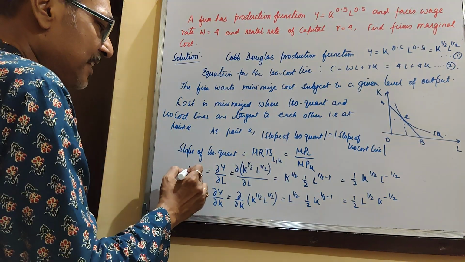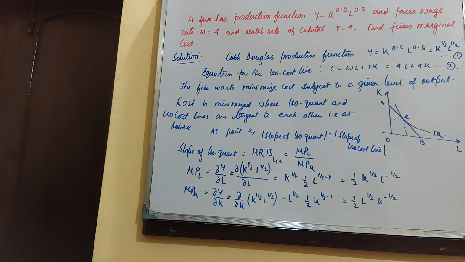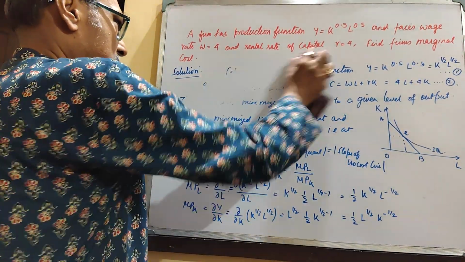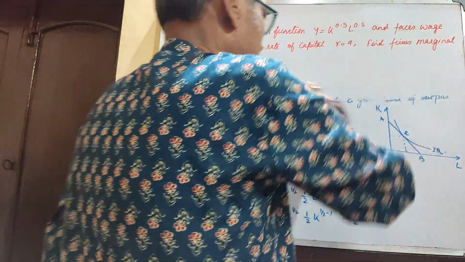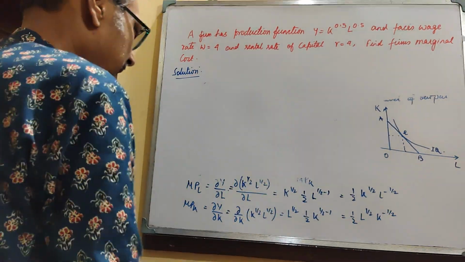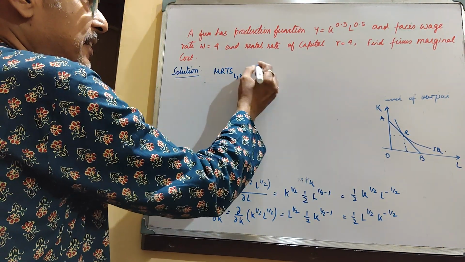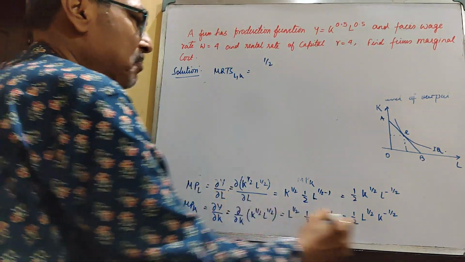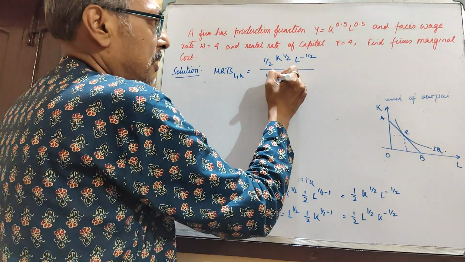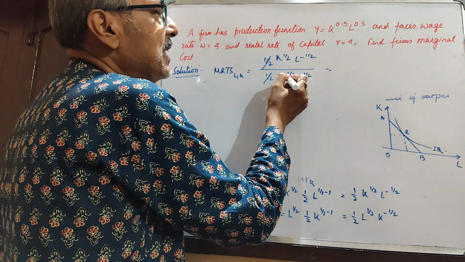Now MRTS is the ratio of MPL and MPK. Therefore, MRTS, the marginal rate of technical substitution, equals, putting in the values of MPL and MPK, the halves get cancelled, and we take k to the power minus half in the numerator.